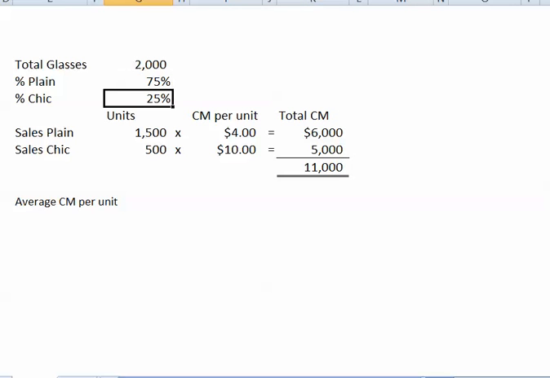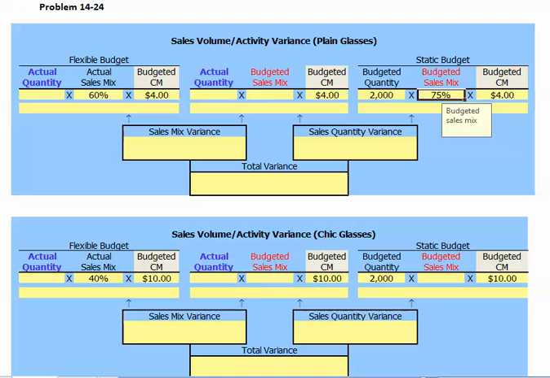Again, notice in terms of chic, I set this equal to 1 minus the 75%. So we've confirmed that our sales mix was 75% plain and 25% chic. Let's add that information to our Excel worksheet above. So budgeted sales mix, 75% for the plain glasses, 25% for the chic.